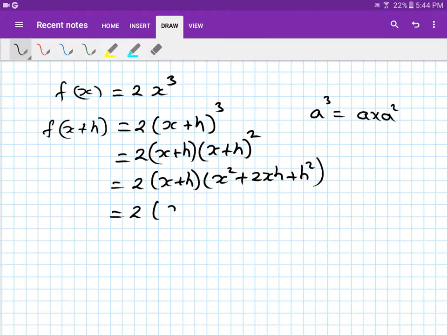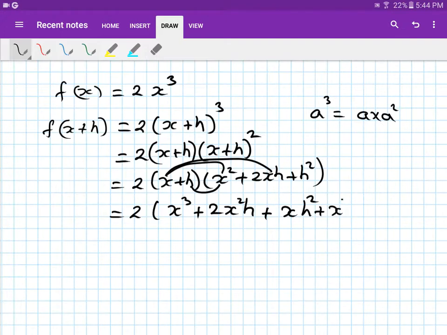That gives me x to the power of 3 plus 2x squared h plus xh squared, and then h times x squared is x squared h, which added to 2x squared h gives me 3x squared h, plus h to the power of 3.